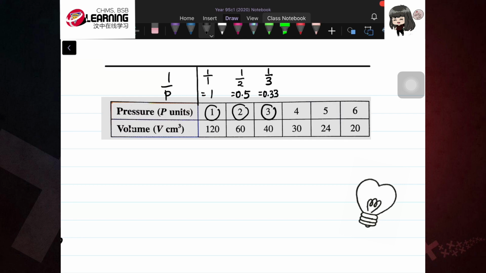Make it into 2 decimal places, because when we plot the graph, fractions are hard to see, so it's better to change them to decimals. 1 over 4 is 0.25, 1 over 5 is 0.2, and 1 over 6 is 0.17.